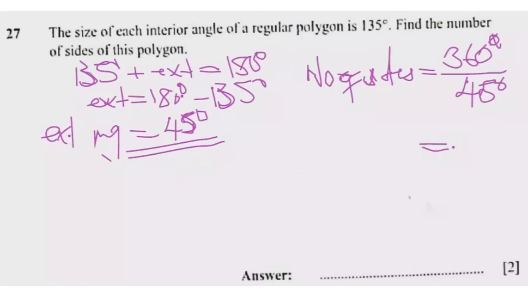Then that means 90 in 360 will go 4 times. Then we just say 4 times 2 will give us 8. That means 360 degrees divided by 45 degrees will give us 8.